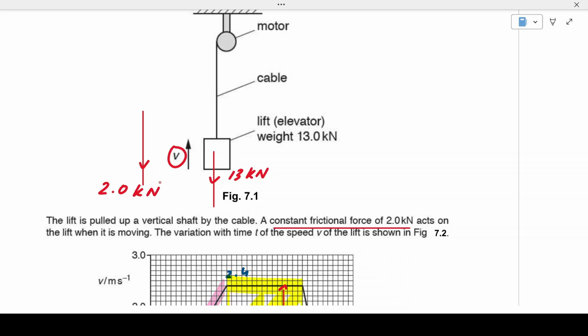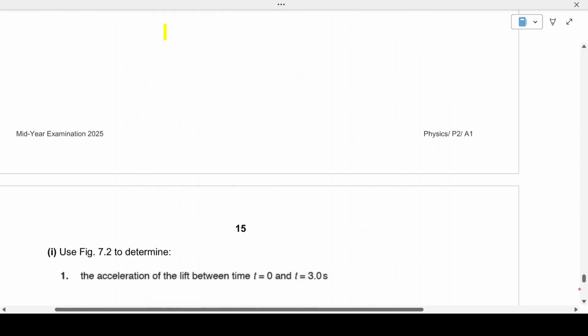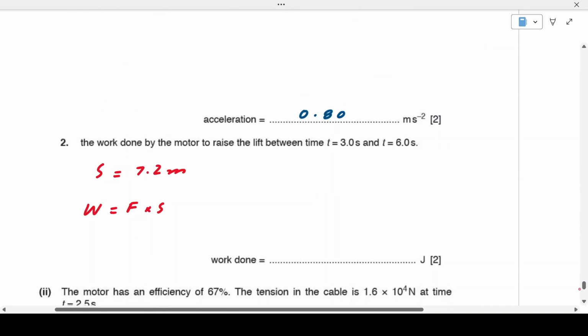So the total force acting is 15 kilonewton. So the motor has to apply the force of 15,000 Newton. 13,000 Newton because of the weight, 2,000 Newton because of the air resistance.